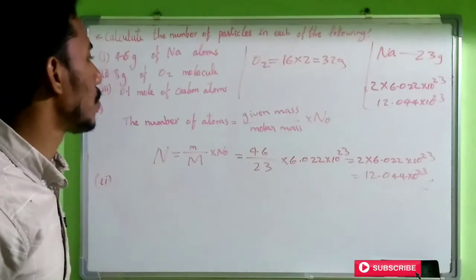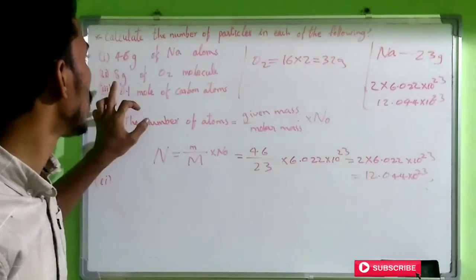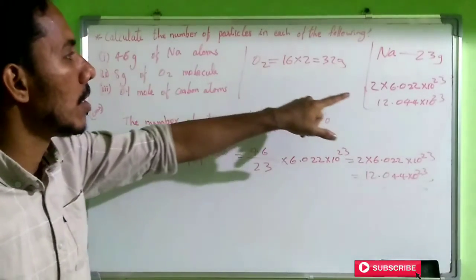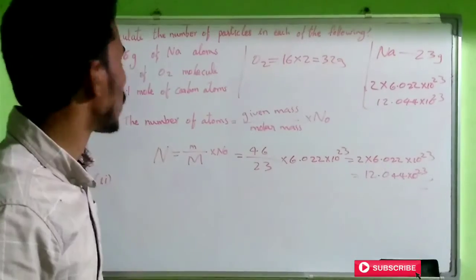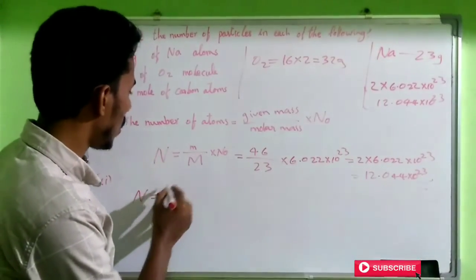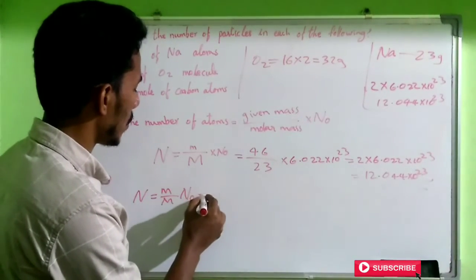8 gram of oxygen molecules. How many moles are present? 1 by 4th mole is present. Then 1 by 4 into Avogadro number is the answer. Just do it in the same way. N is equal to m divided by capital M into Avogadro number.